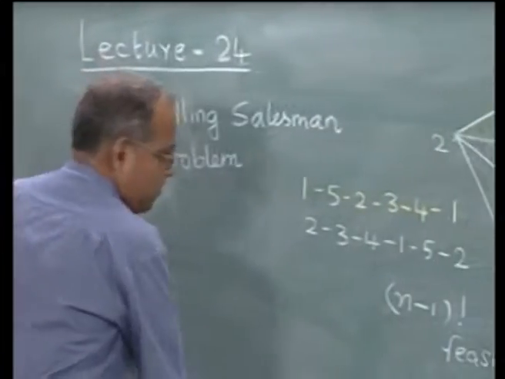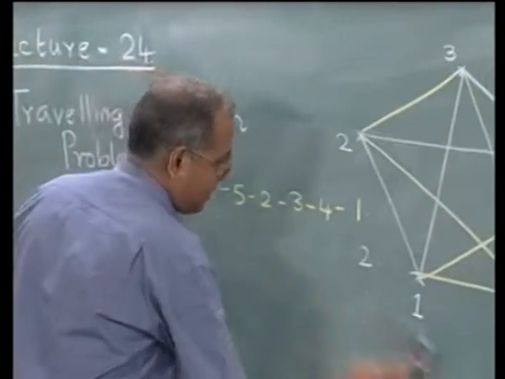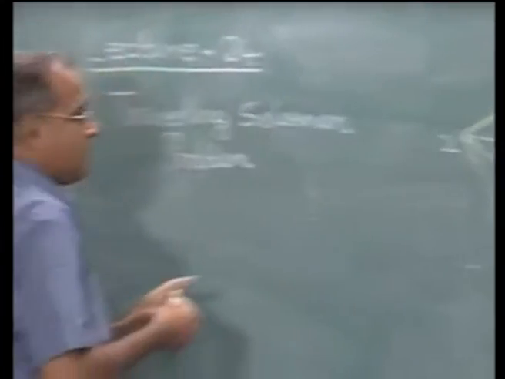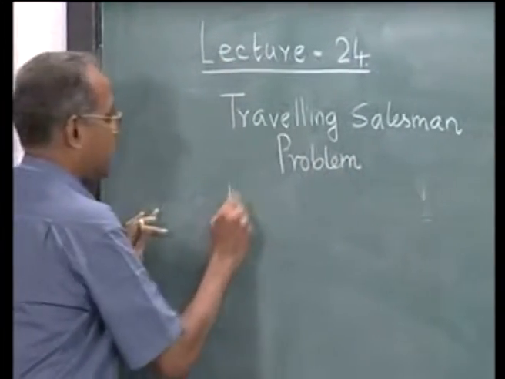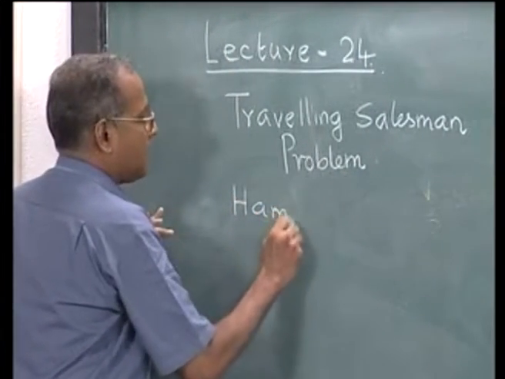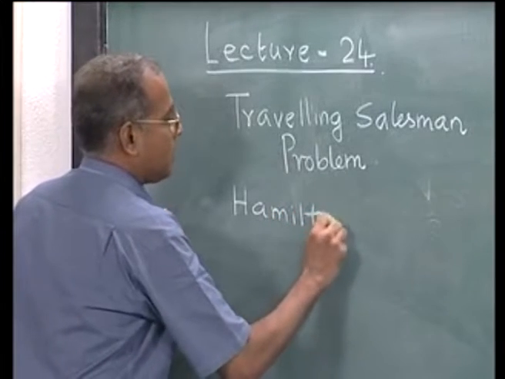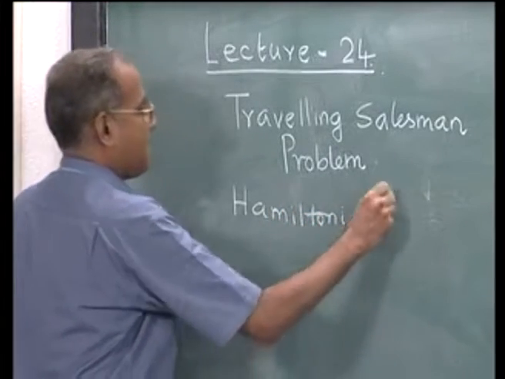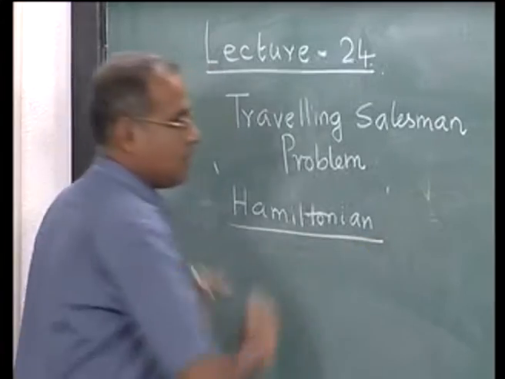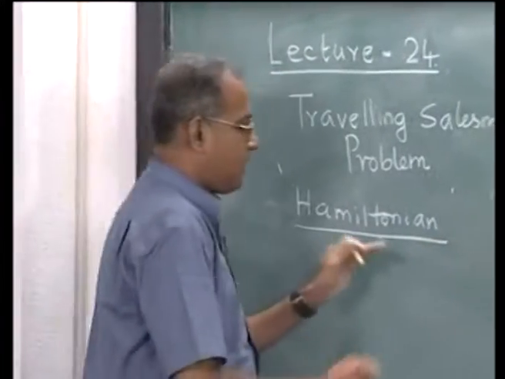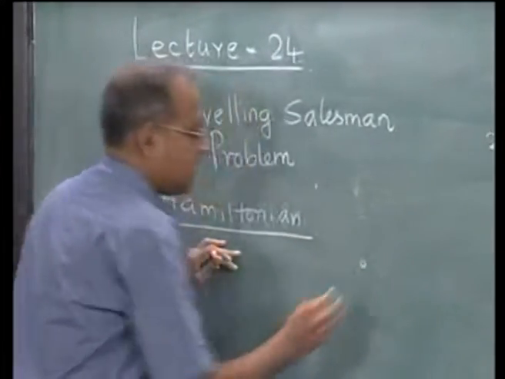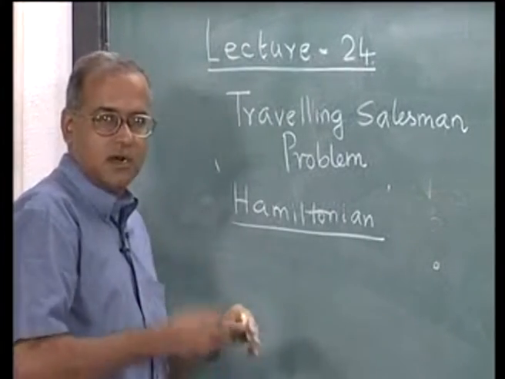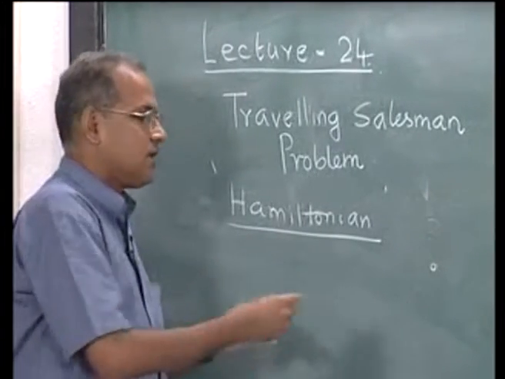Now, this problem also comes from graph theory. In graph theory, there is a famous problem of finding out whether a graph is Hamiltonian. Now, if we look at a graph like this, a graph is a collection of nodes and arcs that we saw earlier.